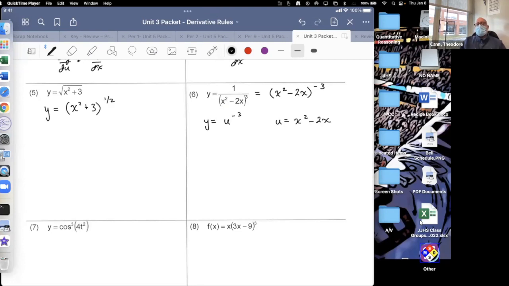Now, I was mentioning this last time, but what often ends up being the case when you're first learning this is, okay, how do I know what the u is going to be? What do I make the u? Well, you only have so many choices, but each choice takes you down a different path.